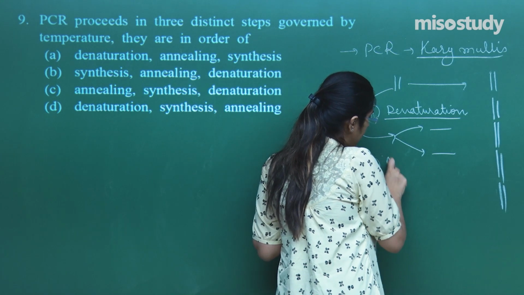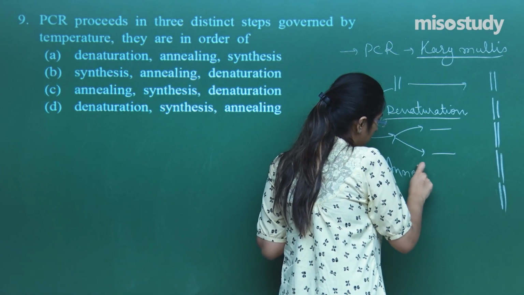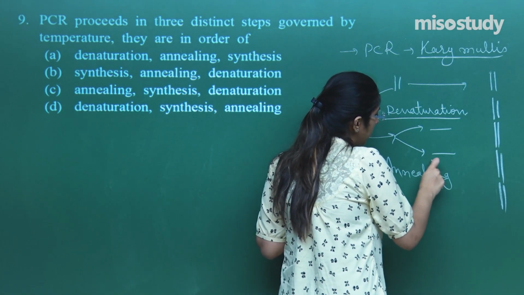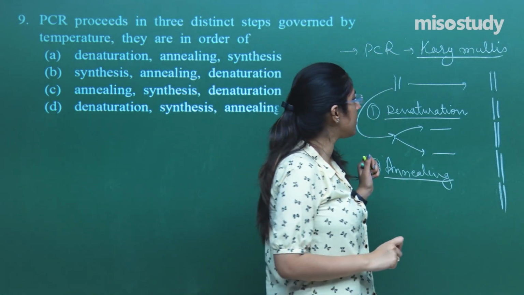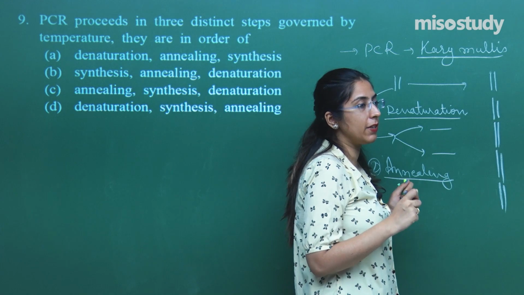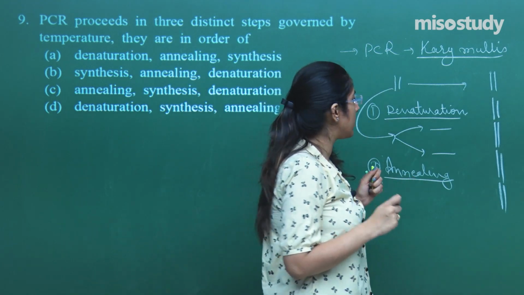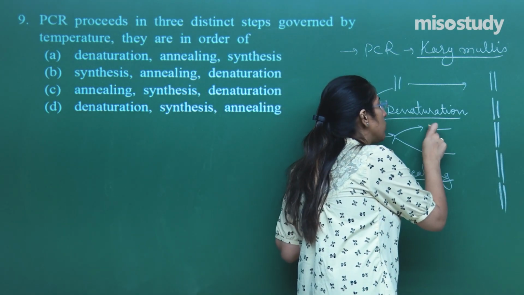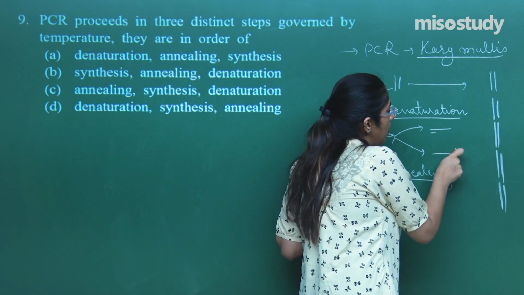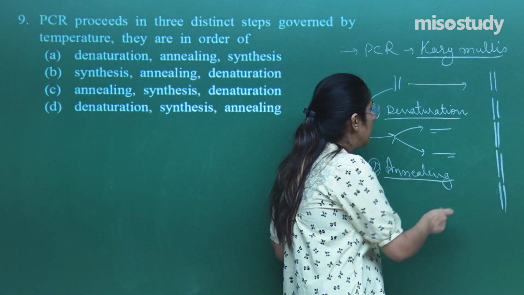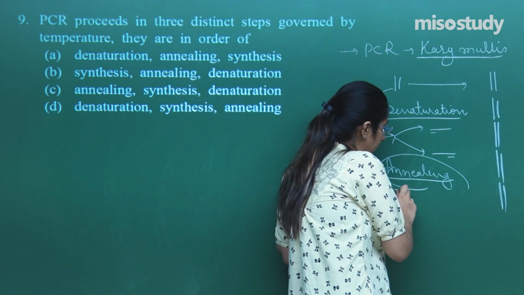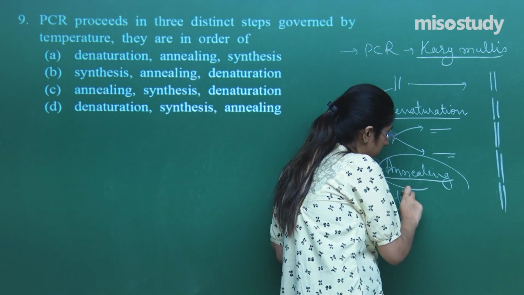Second is called annealing. Now, what do you mean by annealing? We have primers with us, and for DNA synthesis we need primers, and we allow those primers to bind over here like this. When these primers bind like this, the synthesis can start. So annealing means joining of primers.